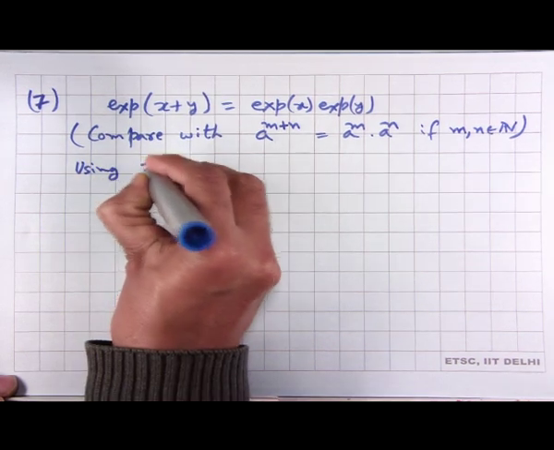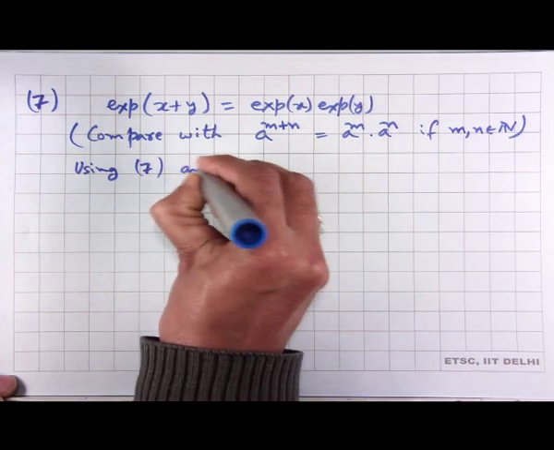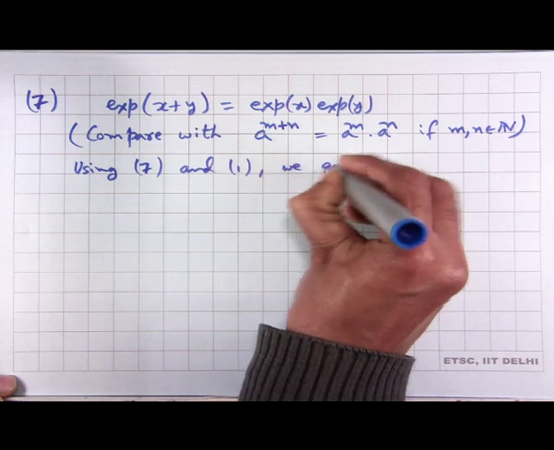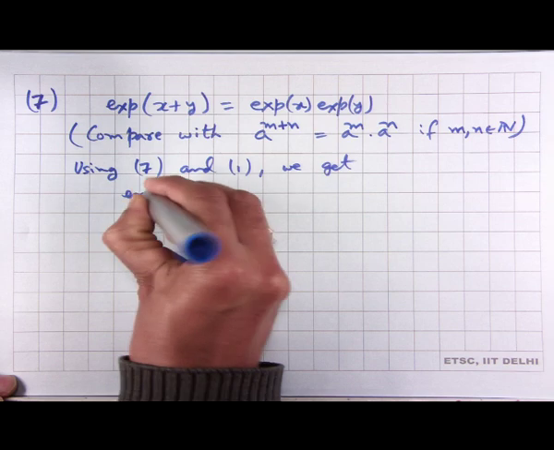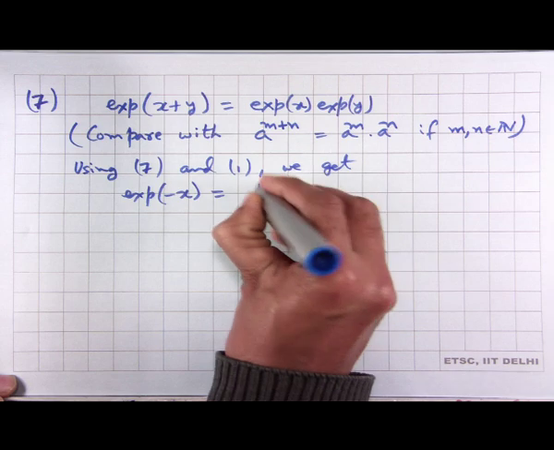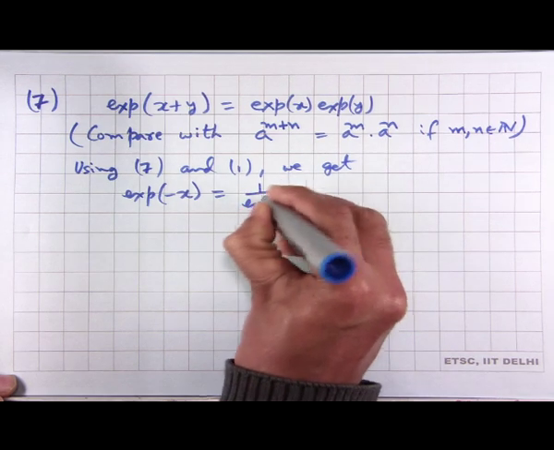Using 7 and 1, we get exponential of minus x is equal to 1 by exponential of x.